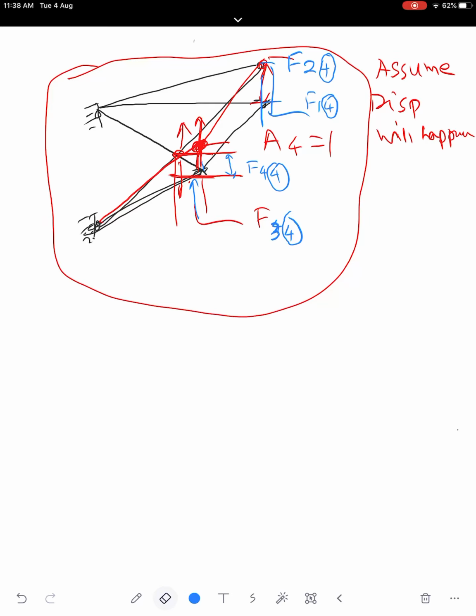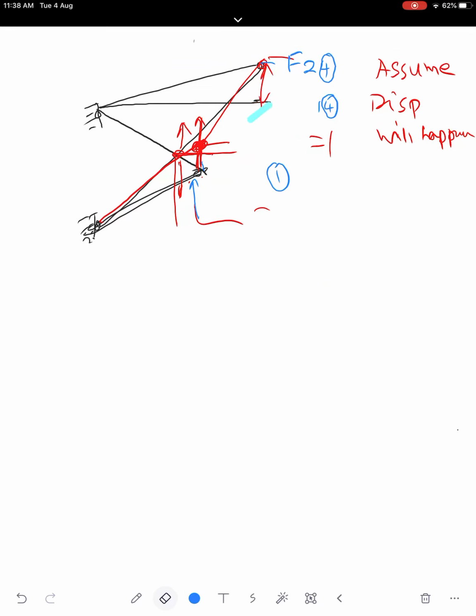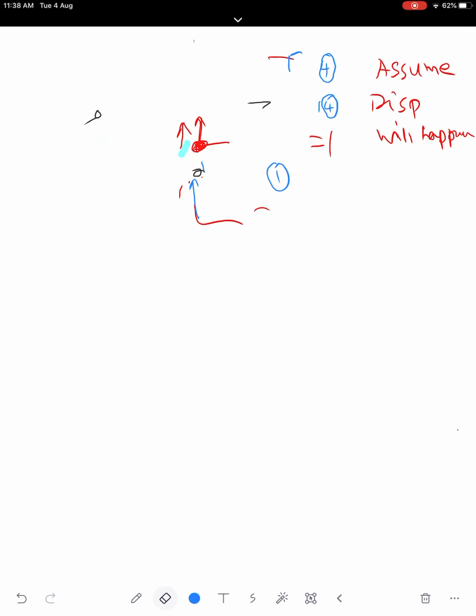Now we have to do something about stiffness. So stiffness, what we will do, we will apply unit translation. So if you apply unit translation at joint 1, let's see.